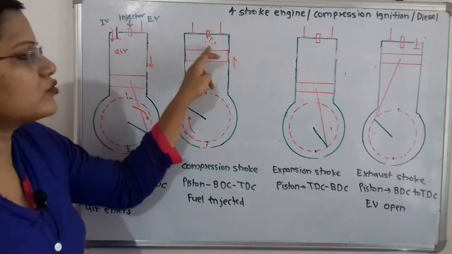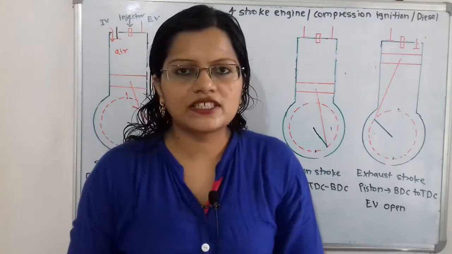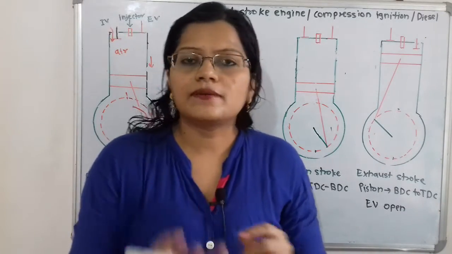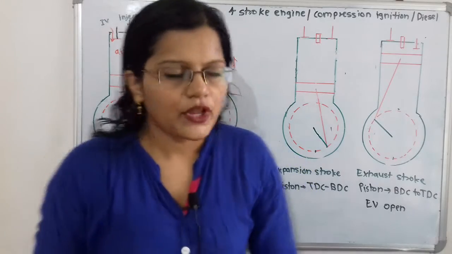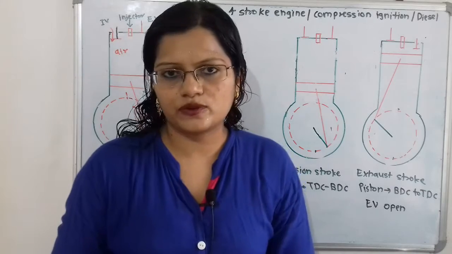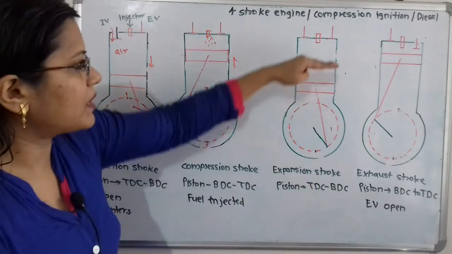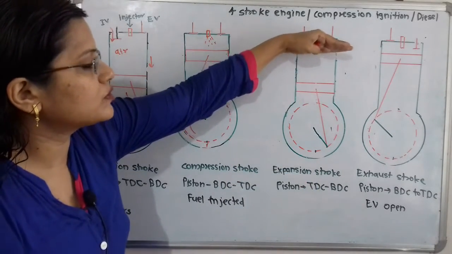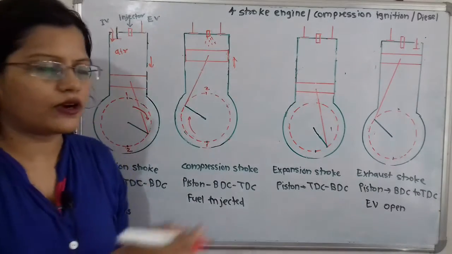Here the combustion process takes place, and due to combustion some gases are produced. Due to these produced gases, there is the expansion process. When there is the expansion process, our piston moves from the top dead center to the bottom dead center.